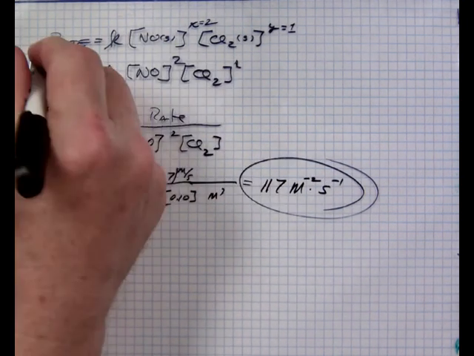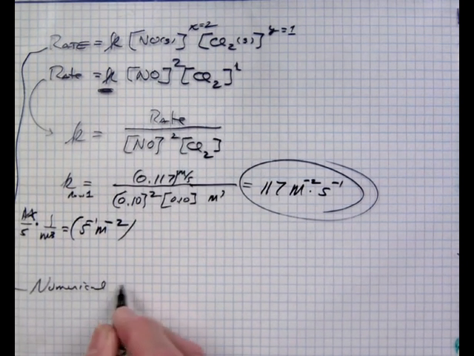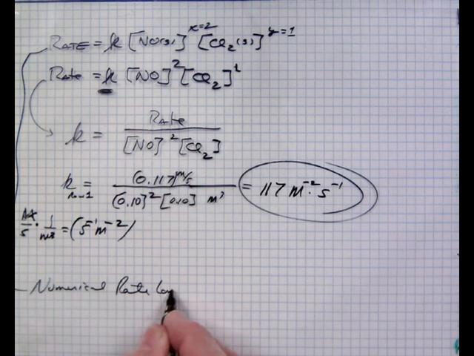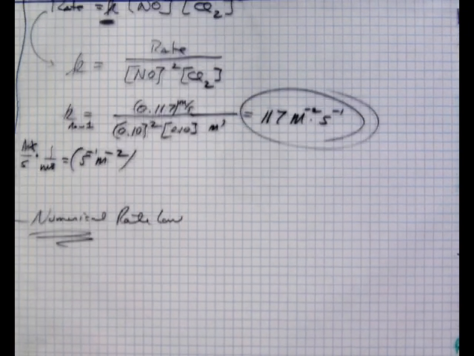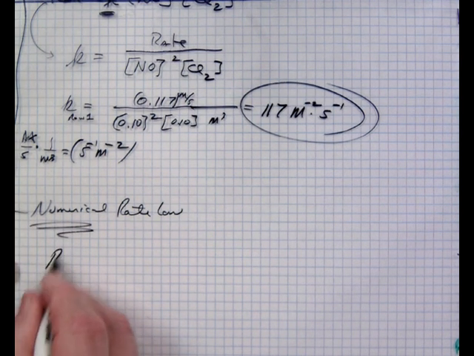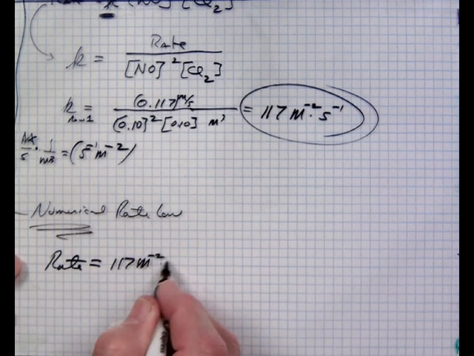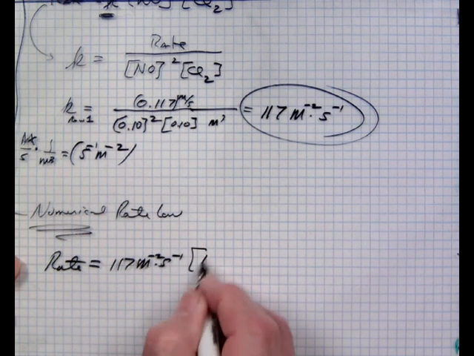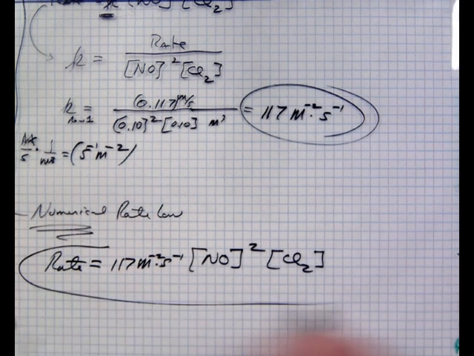So now you can write the numerical rate law for the equation, and of course the answer is the answer to the problem. Rate equals 117 molar minus 2 second minus 1 NO squared Cl2 to the first power.